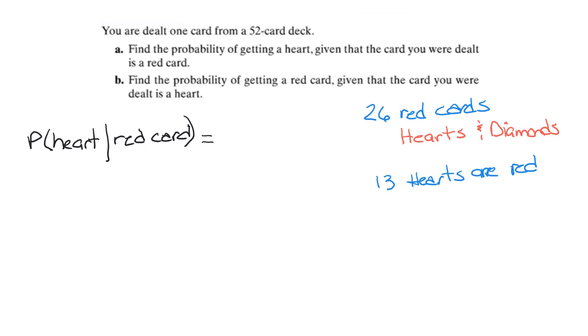So think of that as your denominator. We just said we have 26 red cards. And the probability of you getting a heart, well, there are 13 hearts. And we reduce this. And we have a 1/2 probability that if we are dealt a red card, that it will be a heart.